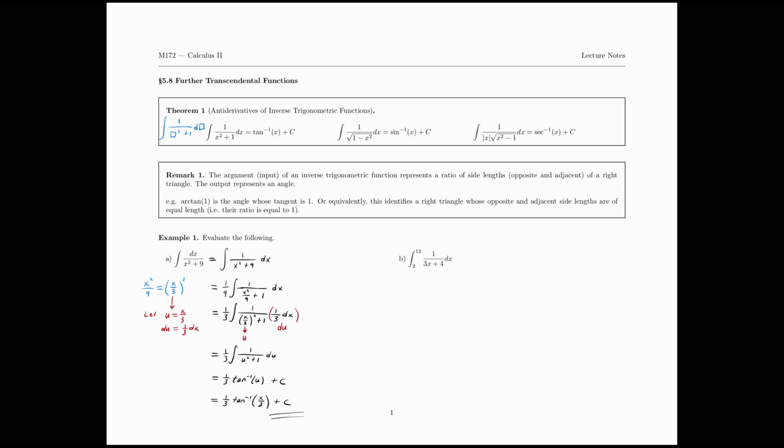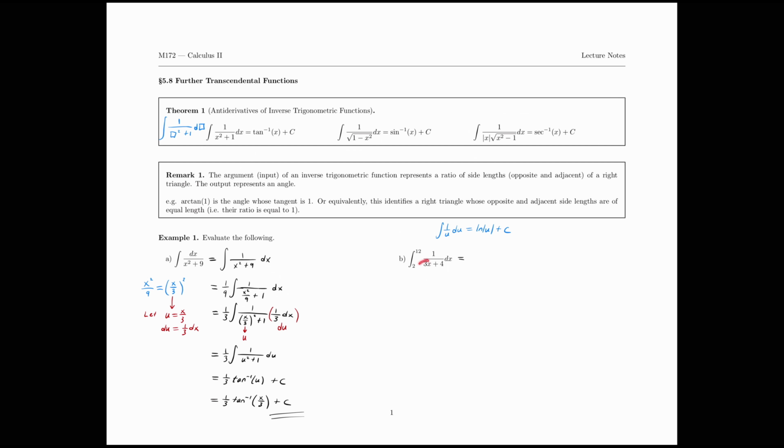In particular, we should remember that when we integrate 1 over u du, this is natural log absolute u plus c. So here, u is 3x plus 4.